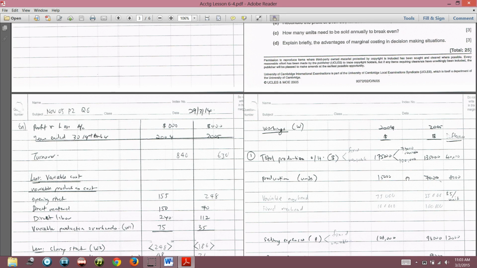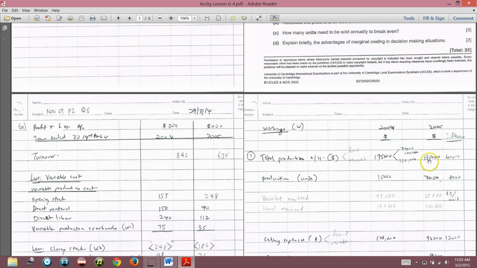Now, can you see the similarity of this question and one of the previous questions that I have explained to you before? This 175,000 consists of a fixed element and a variable element. And this 135,000 consists of a fixed element and a variable element.